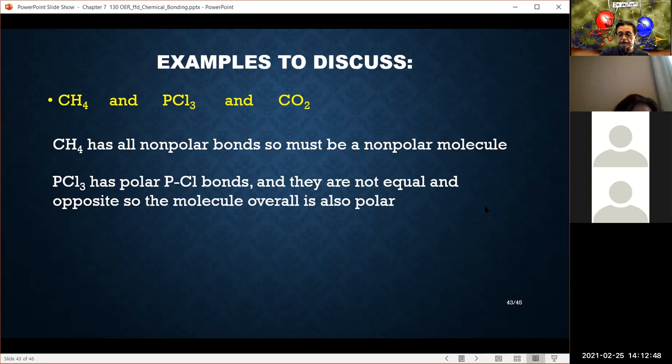This example is the, let me see if I can draw it. If we go through the Lewis dot structures, and this is where that comes into play, we end up with phosphorus, chloride.